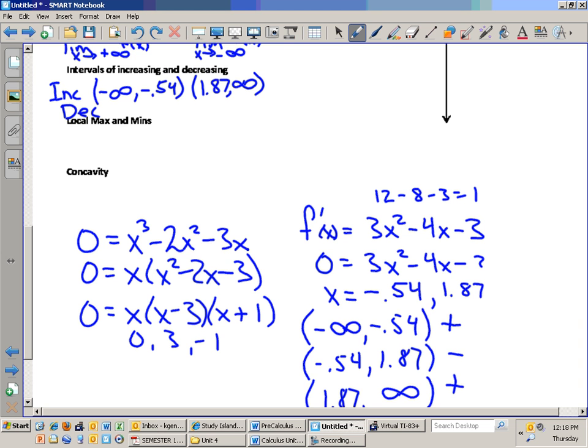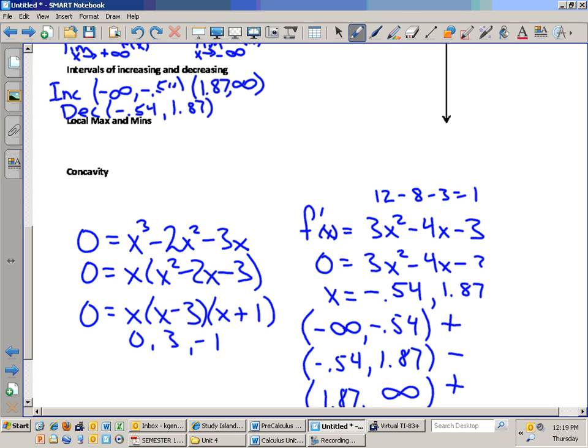We're going to use this to sketch the graph. Decreasing from negative 0.54 to 1.87.